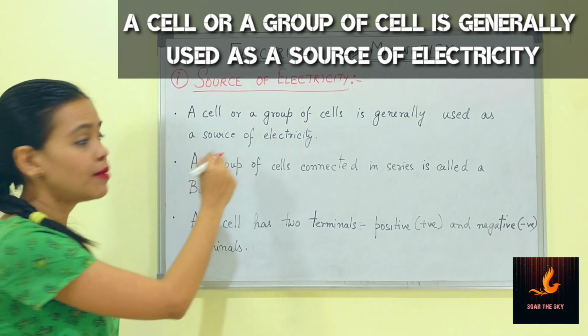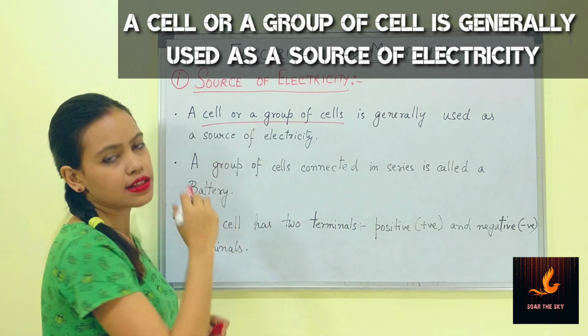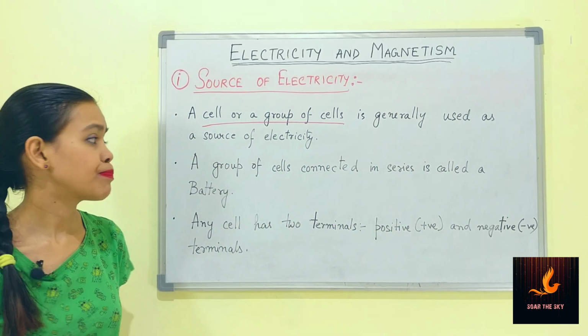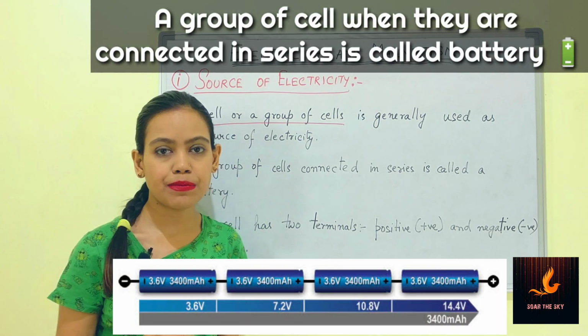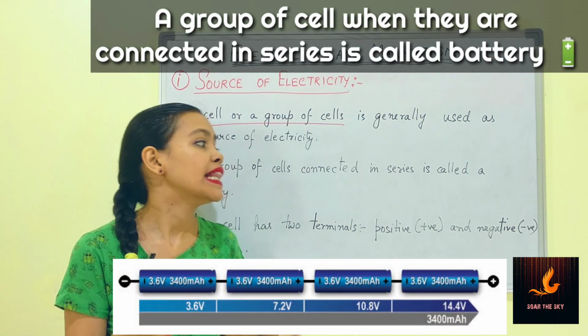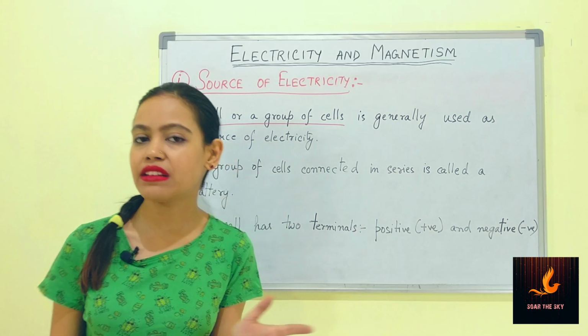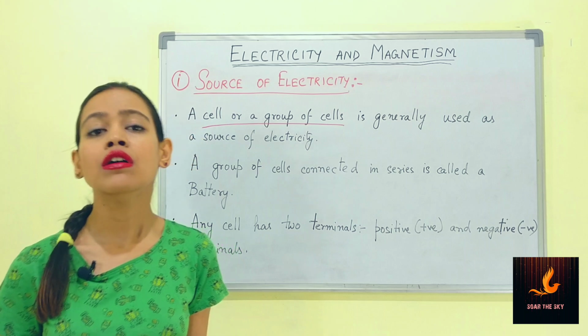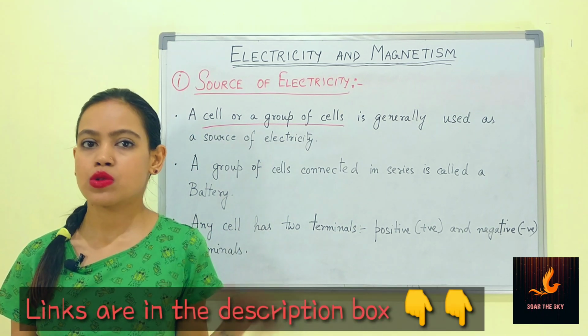So, a cell or a group of cells is generally used as a source of electricity. A group of cells, when they are connected in series, that means horizontally, are called a battery. I have already explained this in the previous video. You can check it out there. I'll give the link in the description box.